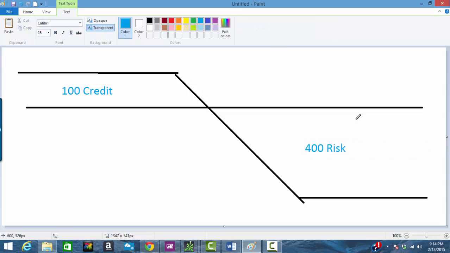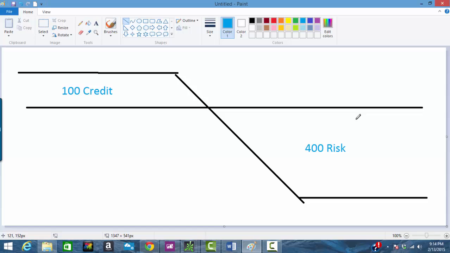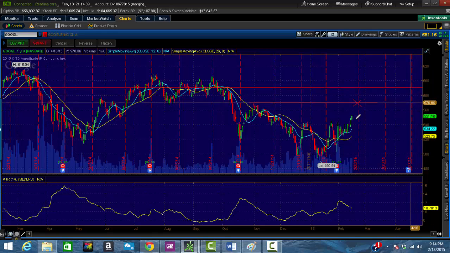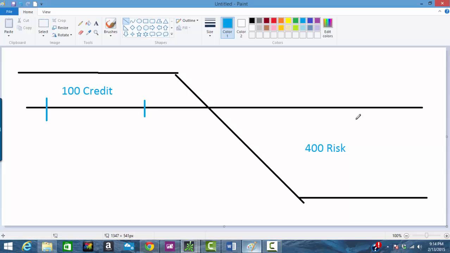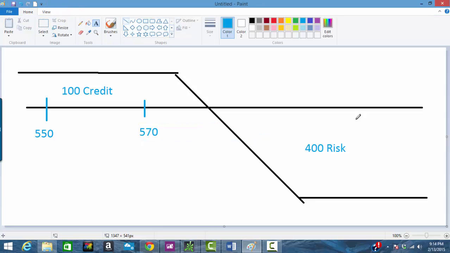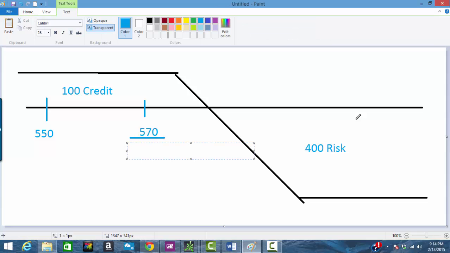If I know that from where my entry is to where my exit will be, and let's get the prices on the chart here. 550 to 570, still not going to give it that much cushion, but if I do 550 to 570, that's a $20 cushion, but more importantly, that's a stock price cushion. My actual dollar risk is somewhere between $50 to $80 assumed risk. That's where I'm setting my stop loss.